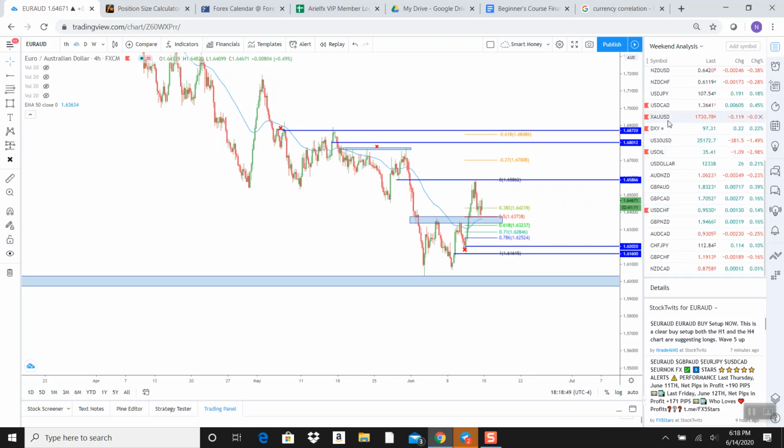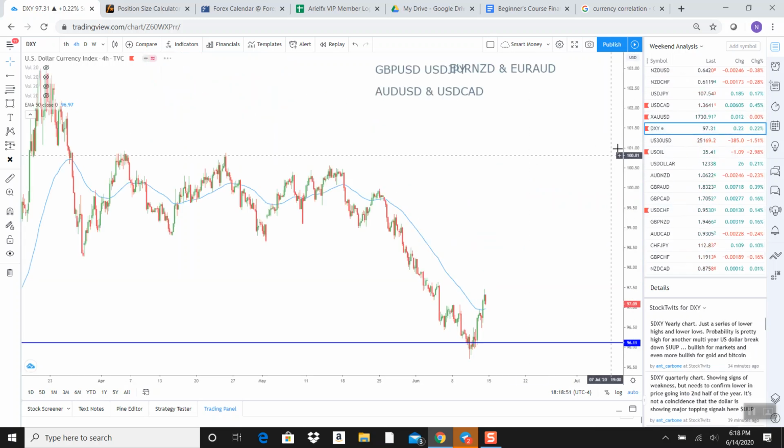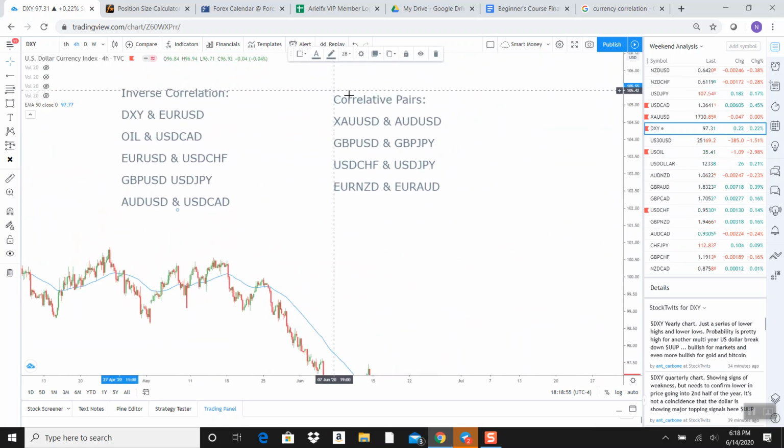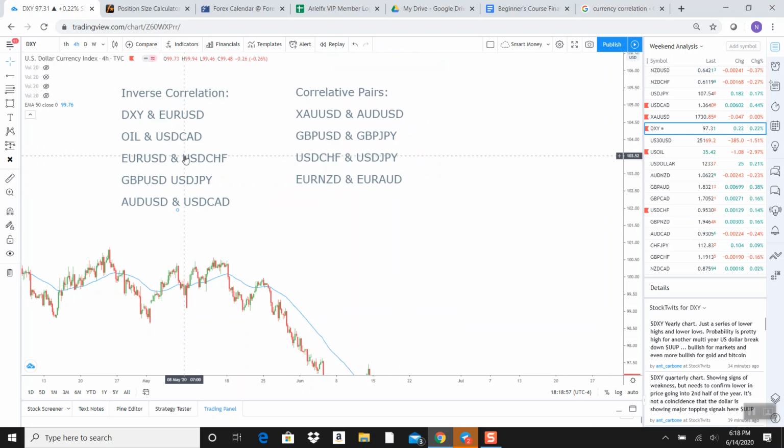That can be very helpful in determining directional bias, and determining not only a potential setup on one pair, but you could have a potential setup on another pair if they are correlated or inversely correlated. So for instance, and to wrap up, let's say Euro USD. You can see USD is last here, USD is first here, inversely correlated.